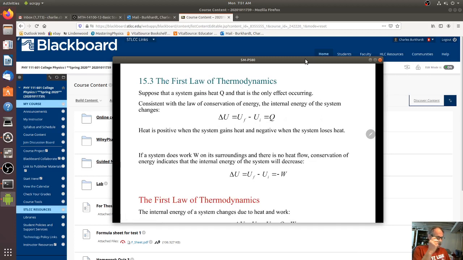Okay, so as I said, there's three kinds of energies we're dealing with here. The internal energy, remember, in the case of a gas, that's just the kinetic energy of translation. It turns out for a monatomic gas, the only kind of energy you can have is just the kinetic energy of the moving atoms making up the gas.